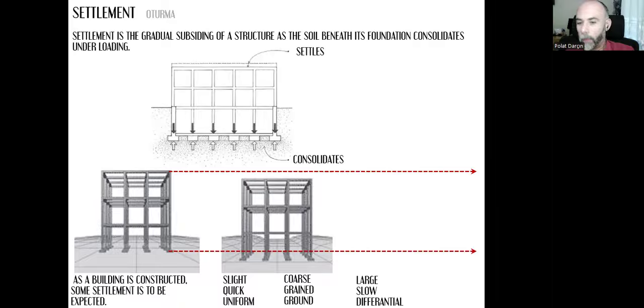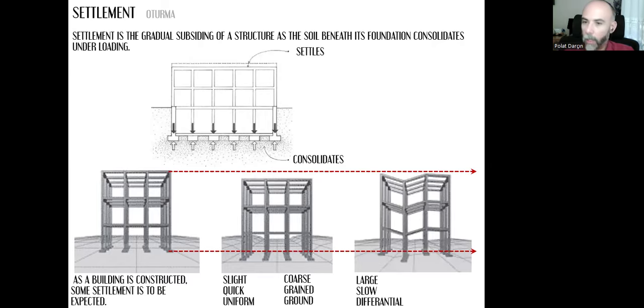However, if the settlement is large, if it's slow, happening during a long time, and if it's not uniform, if it's not the same in all parts of the building, if there are differences between different parts, that's very bad. That's something that we need to avoid.